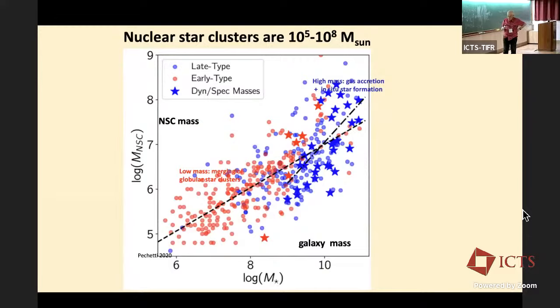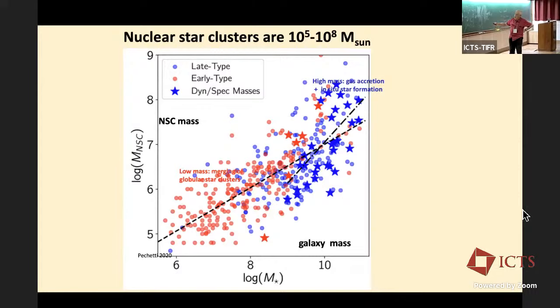Okay, so this considers the range of nuclear star clusters from 10 to the 5th to 10 to the 8th solar masses, and I plot it against the mass of the stars in the galaxy. So this is all data, can't really argue with it. And you can see that the nuclear star clusters that we're seeing go up to respectable masses, a few times 10 to the 8th solar masses. And they roughly track the mass of the galaxy as you go in the dwarf galaxy range.